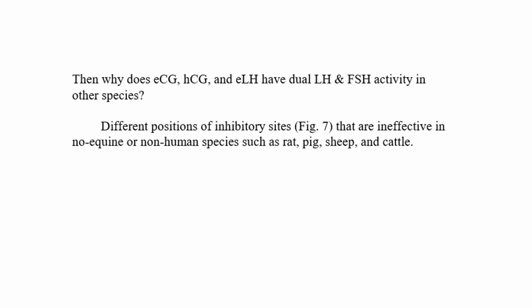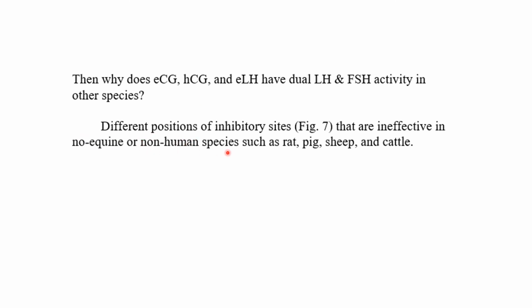So what we're saying here is that because of the different inhibitory position sites, either on the hormone itself or, probably more importantly, on the receptor, those positions are somewhat different and don't block these three hormones from binding to either one of these receptors. And so these three hormones have been used in the rat, the pig, the sheep, and cattle. Remember, E's come from equine and H comes from human.